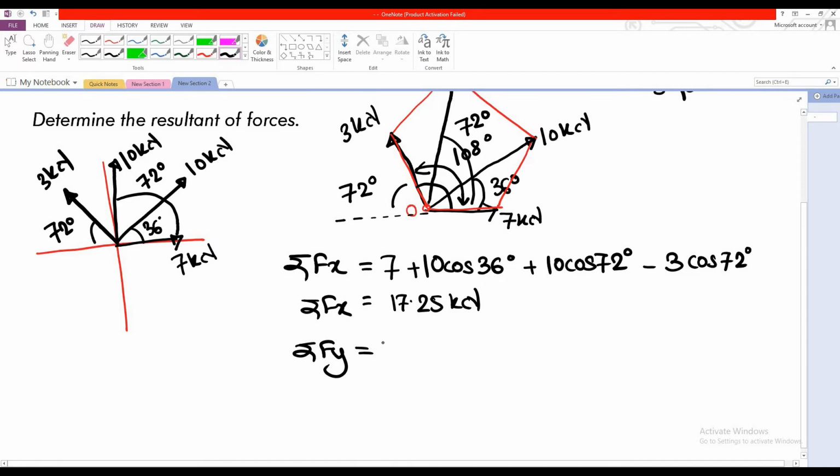That's why 10, 10 and 3 kilonewtons vertical components are going to be here, and that's why 10 sine 36 degree plus 10 sine 72 degree plus 3 sine 72 degree.